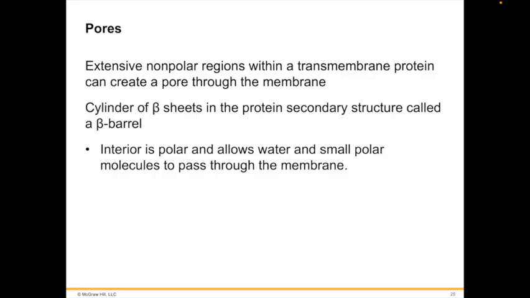This forms a polar environment in the interior of the beta sheets spanning the membrane. This is called a beta barrel. Open on both ends, it is a common feature of the porin class of proteins found within the outer membrane of some bacteria. The openings allow molecules to pass through the membrane.